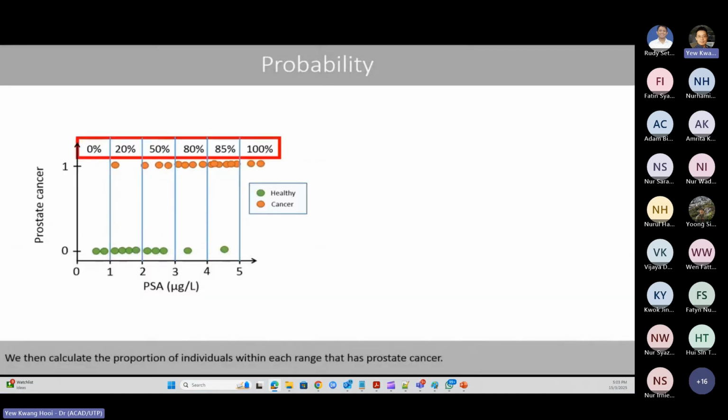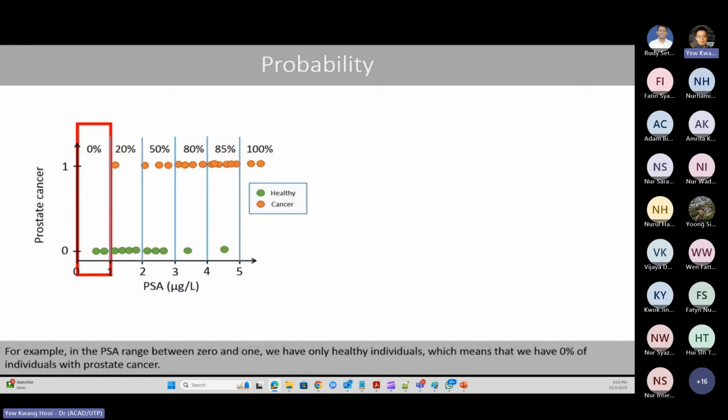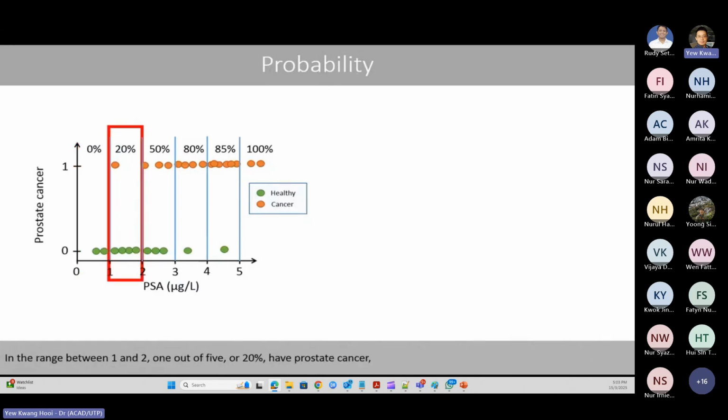We then calculate the proportion of individuals within each range that has prostate cancer. For example, in the PSA range between 0 and 1, we have only healthy individuals, which means that we have 0% of individuals with prostate cancer. In the range between 1 and 2, 1 out of 5 or 20% have prostate cancer.